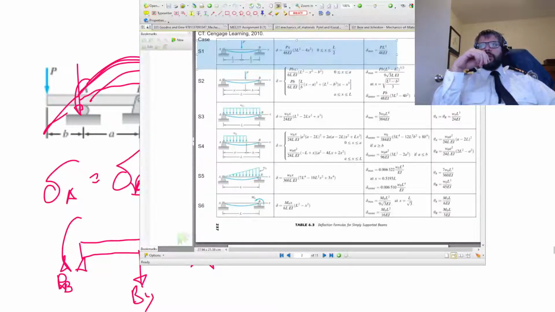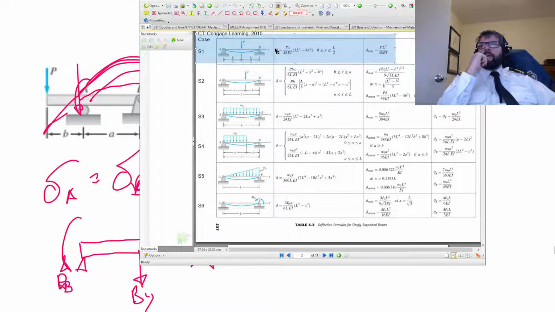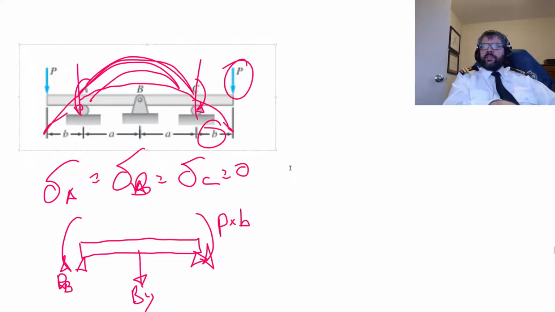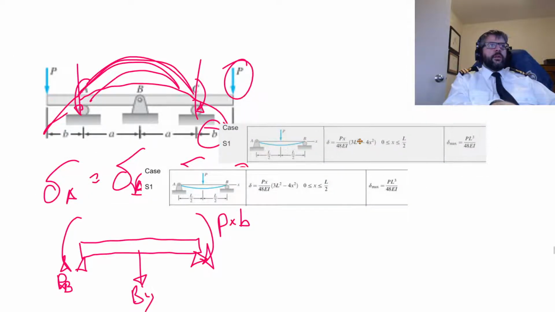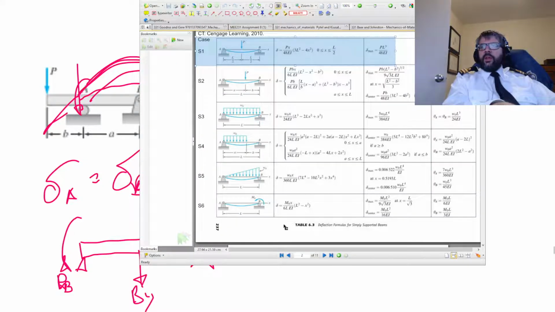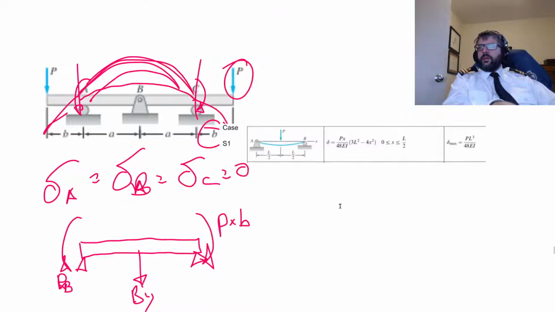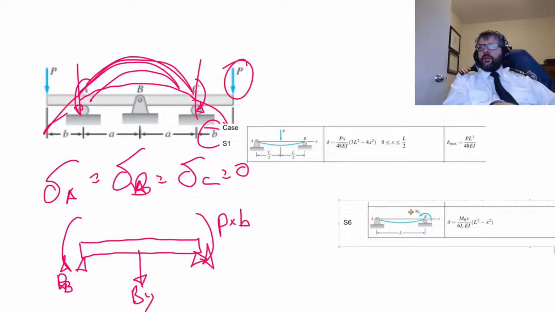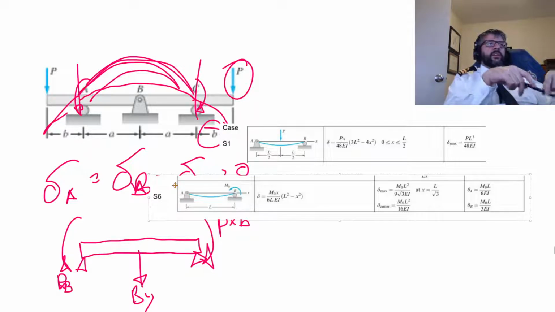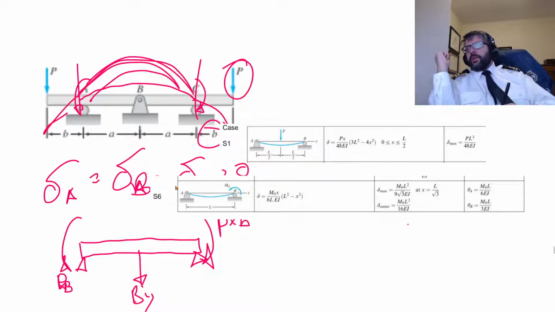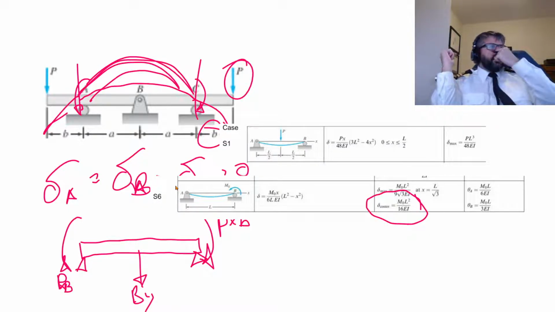So looking at our tables, we've got our S1 here, so we'll use the S1, and then we just need to use this S6. And we need to use this S6 based upon what happens in the center.